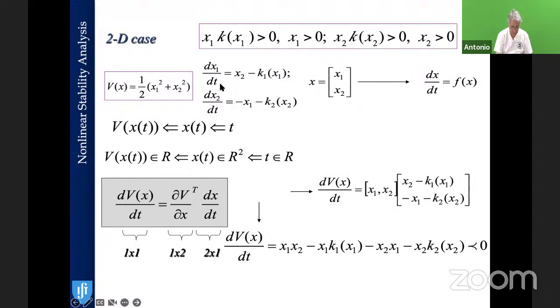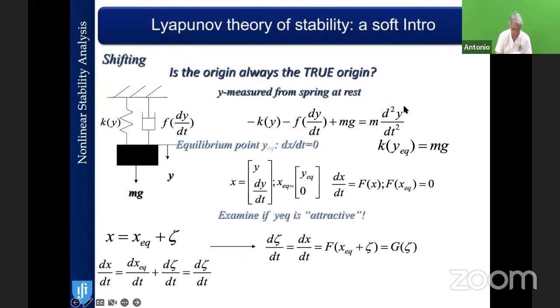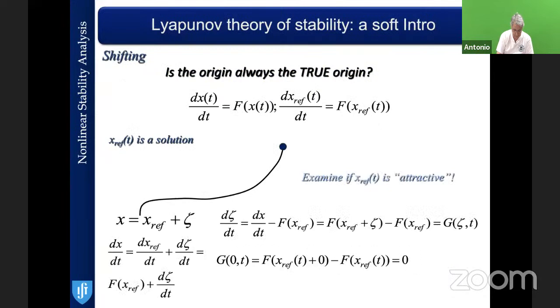You see, when I have two equations and I stack x1 on top of x2, and I call this whole vector f of x, I say dx/dt equal to f of x. But if I put some input here, u1 and u2, then this becomes a function of x and u. Okay, so that's where it comes from. All right.